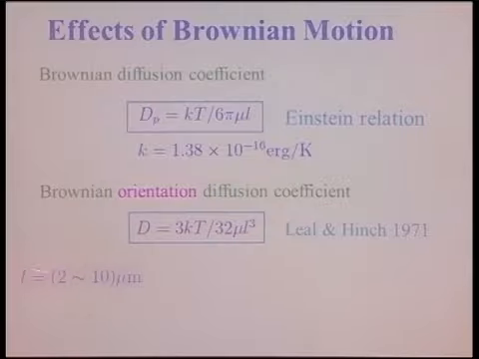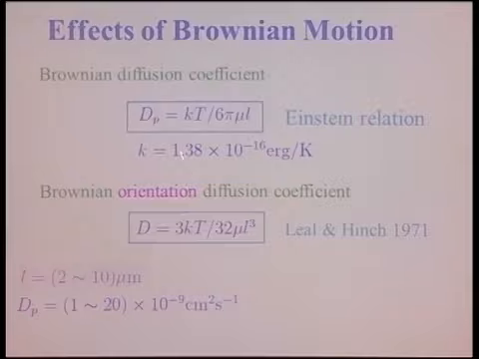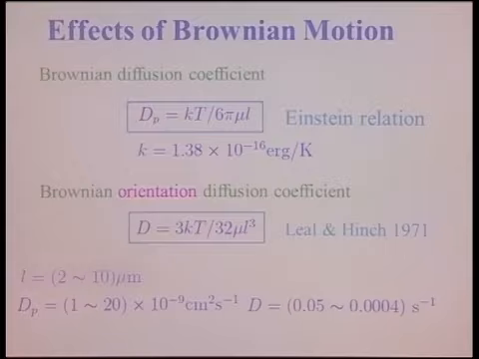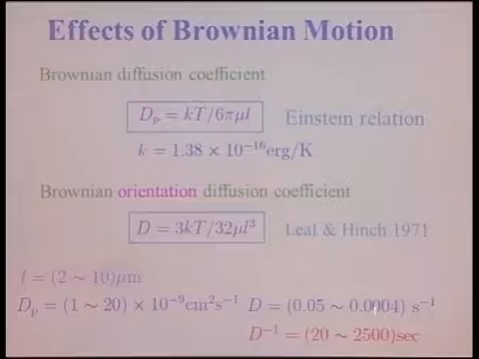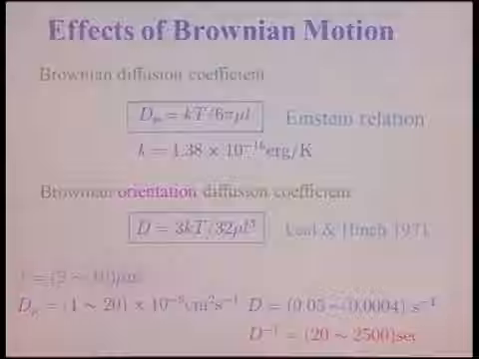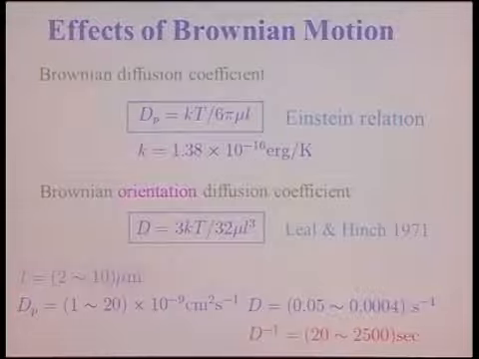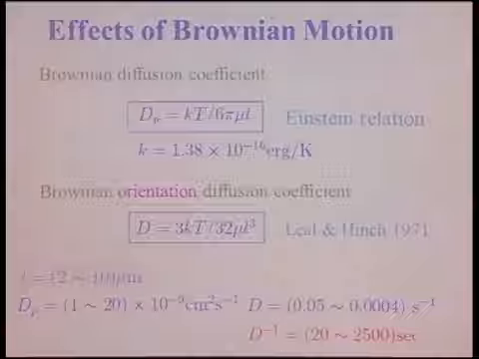The typical length scale, the size of the particle, is a micrometer, so the particle diffusion coefficient is very small. On the other hand, the diffusion coefficient for orientation is small, but of the order of 20 or some minutes, 30 minutes or so. So this may affect.